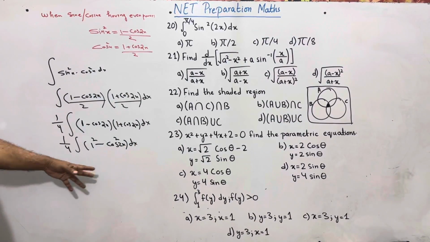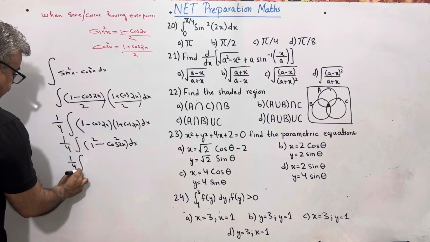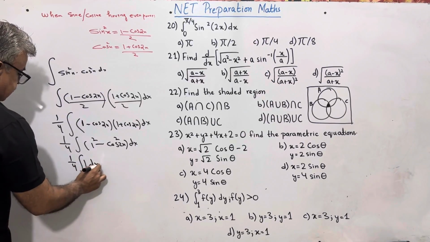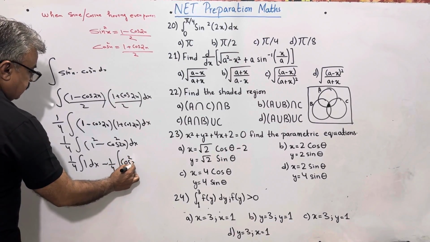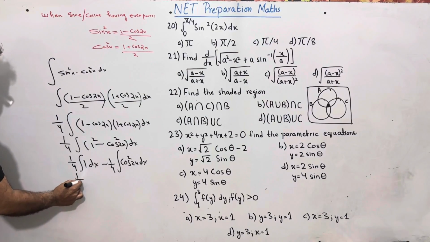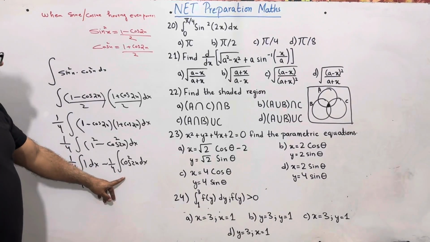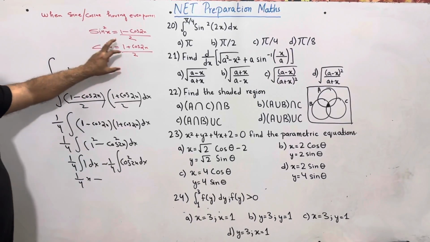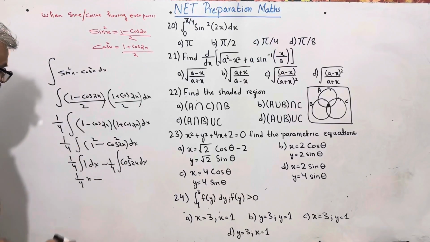Now we multiply 1 over 4 and add the integral symbol to each term. 1 over 4 times the integral of 1 dx, minus 1 over 4 times the integral of cos square 2x dx. Integration of 1 is x. Again we have the same situation, cosine having even power, so we utilize the same formula.